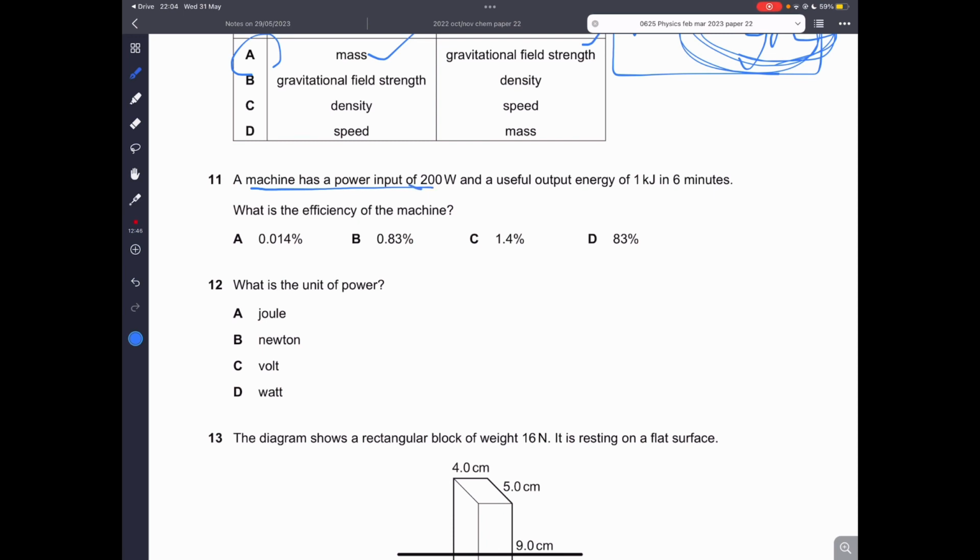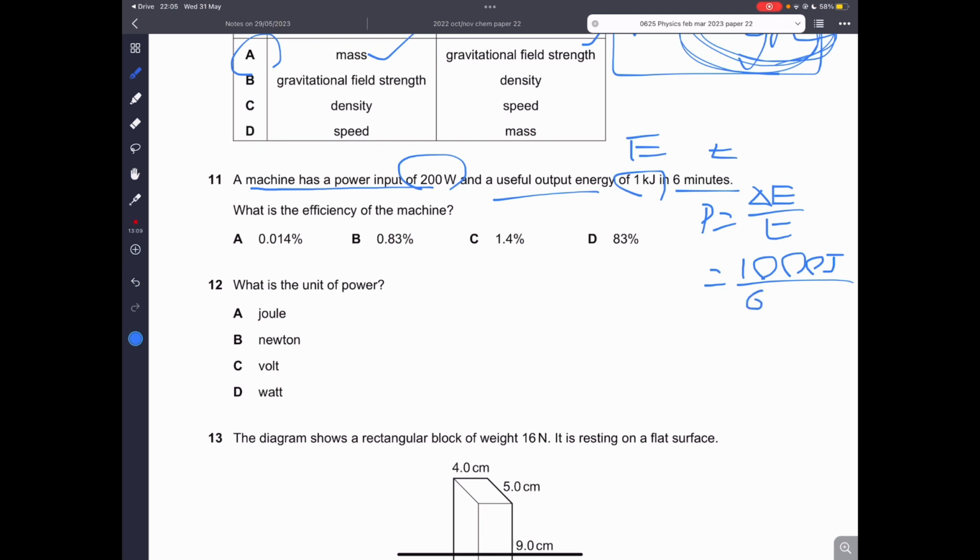Question number 11. A machine has a power input of 200 watts and a useful output of 1 kilojoule in 6 minutes. Now this kilojoule is energy, and this is time, and by using the power formula, we can work out the power using these two quantities. 1 kilojoule is 1000 joules, and 6 minutes is 6 times 60 seconds, and therefore we get 2.7778 watts.